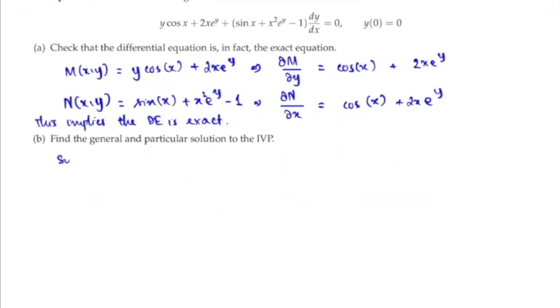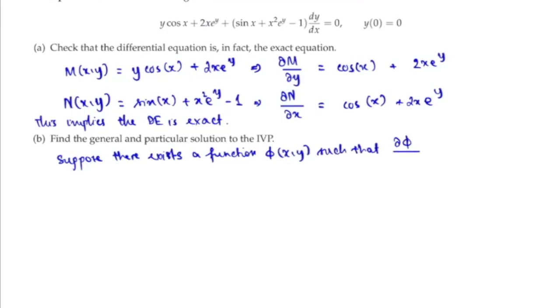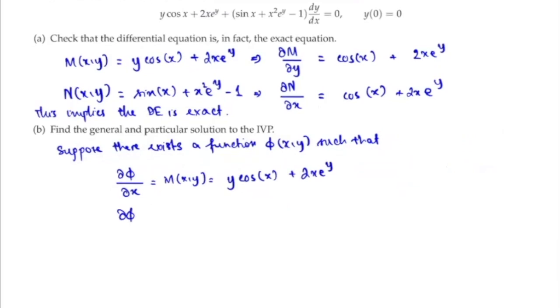So suppose there exists a function phi of x comma y such that partial phi partial x is equal to capital M of x,y, which is y times cosine of x plus 2x times e to the y, and partial phi partial y equal to capital N of x,y, which is sine of x plus x squared times e to the y minus 1.